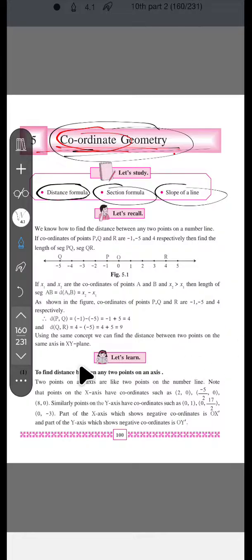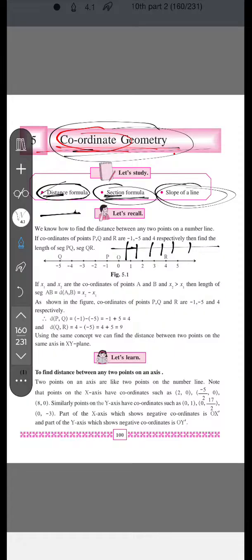So in this chapter we are going to talk about the distance formula. The length between any two points is nothing but the distance. Section: if this is a line and I divide it among so many parts, then the section is that specific part or portion. How to find that formula, we are going to observe. And the slope of the line.